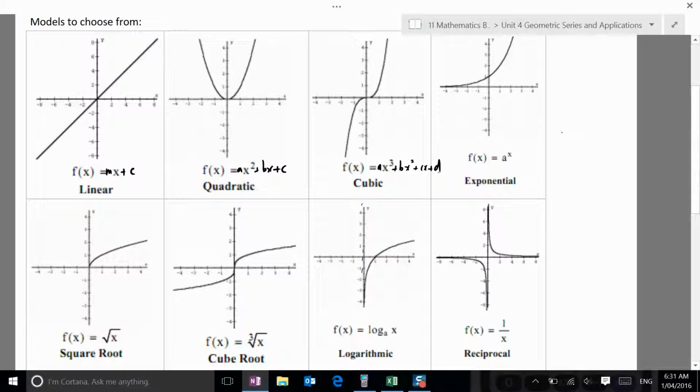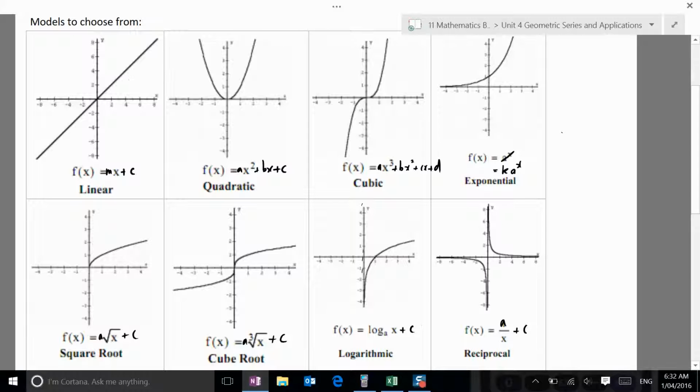Exponential model, probably write this as k a to the power x. Square root model, we still need a constant out the front. Same thing for the cube root model. And logarithmic and reciprocal, that should be a on x plus c, just for complete generality. So these are our complete suite of models.